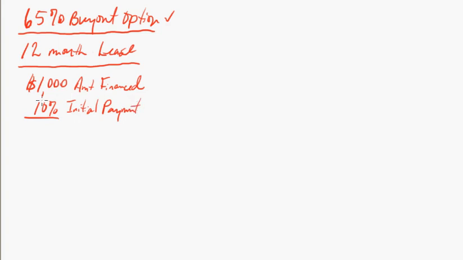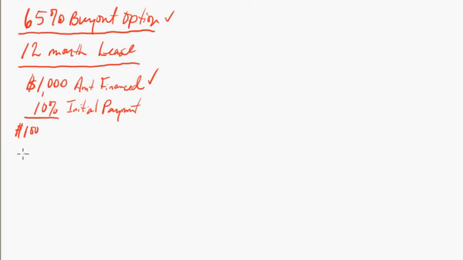So the 10% initial payment is equal to $100. Now, this is not a down payment, as we discussed in the approval form tutorial. So the customer will make an initial payment or application fee of $100. The amount being financed is still $1,000.